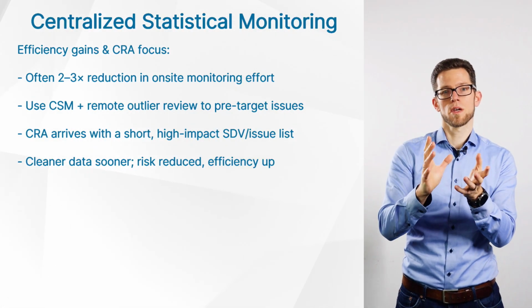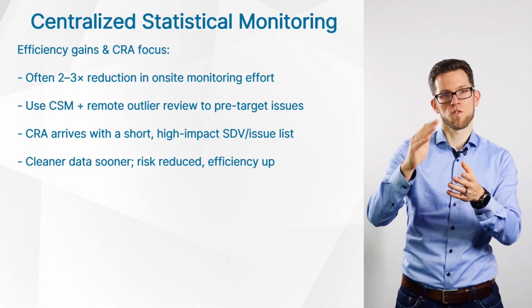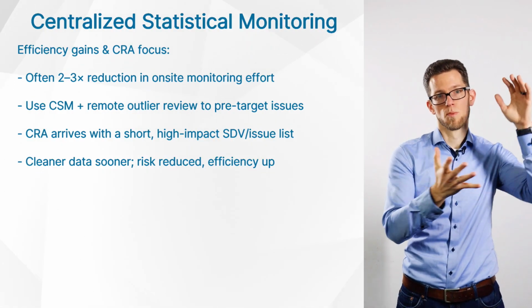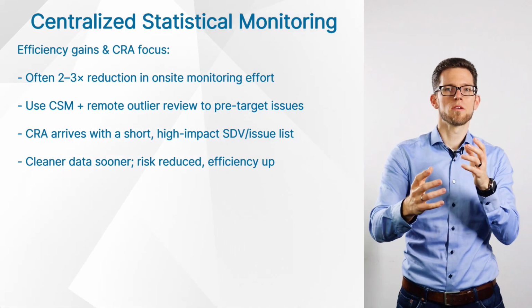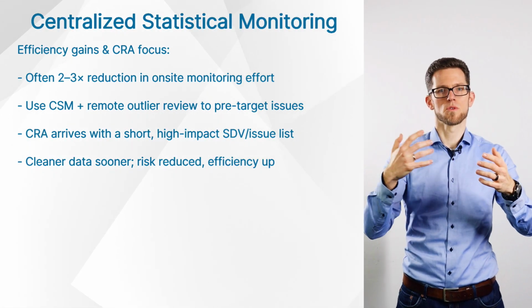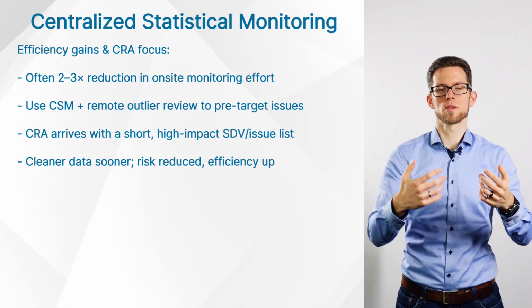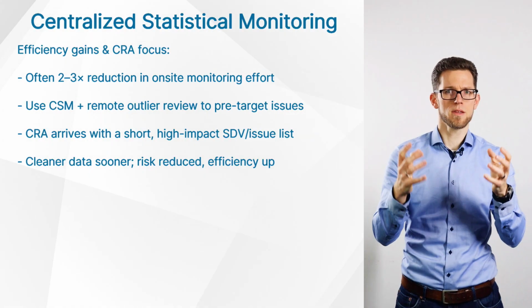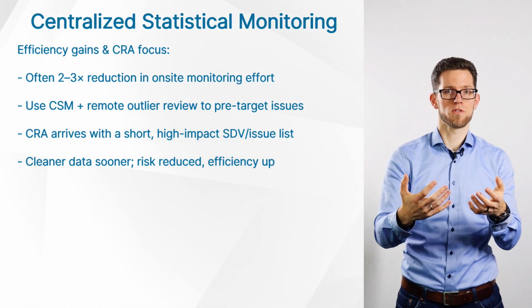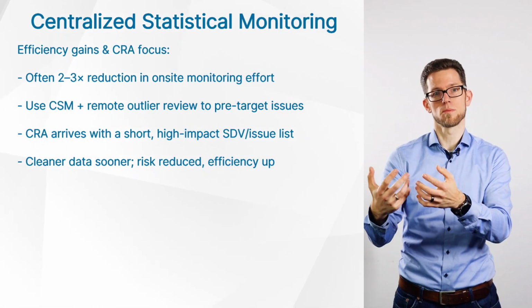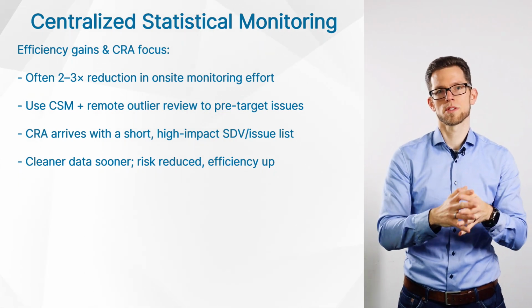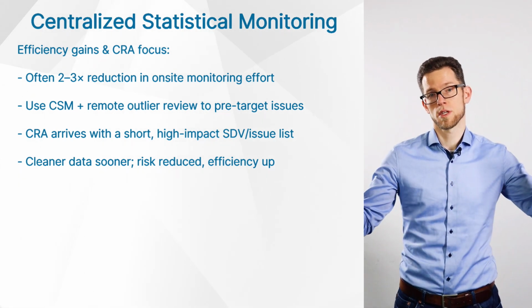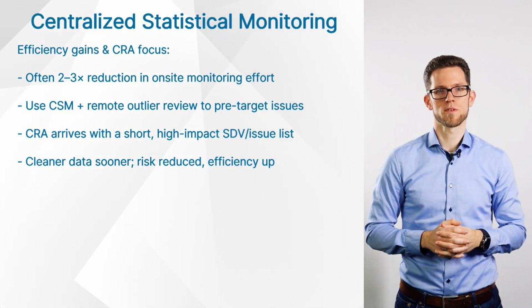That way, the CRA goes to the site with a very clear list of points to identify, a small list of points to source data verify, and then really to guide the site through data entry, open queries, any issues that we have. And that is a really effective way of leveraging statistical tools to clean data already, reducing risk for your study, and the lower the overall study risk, the more the effect you will benefit from.